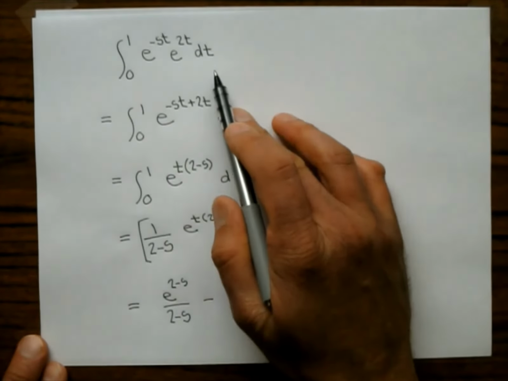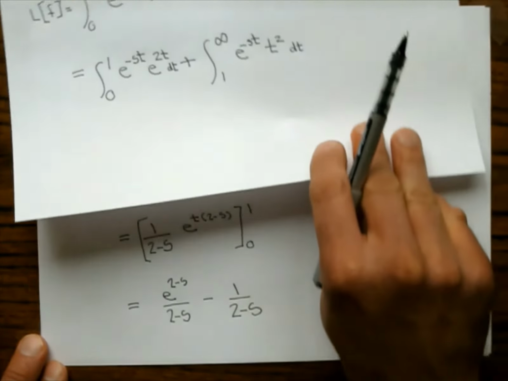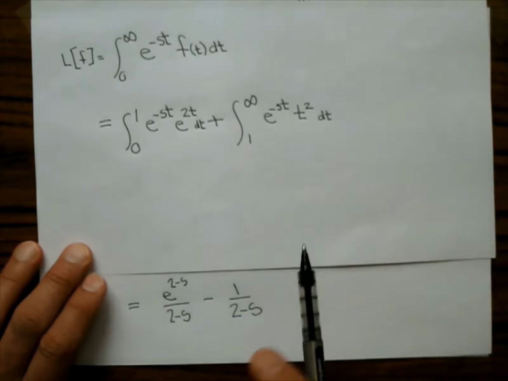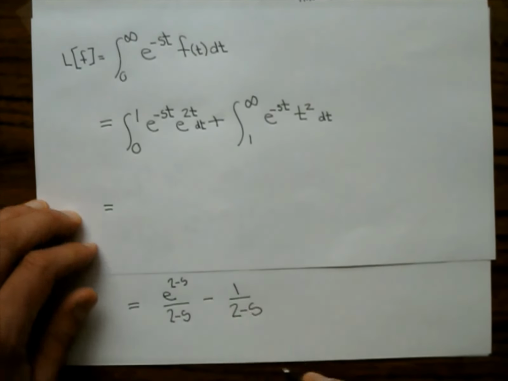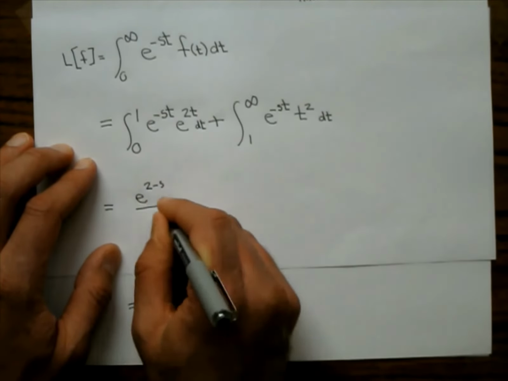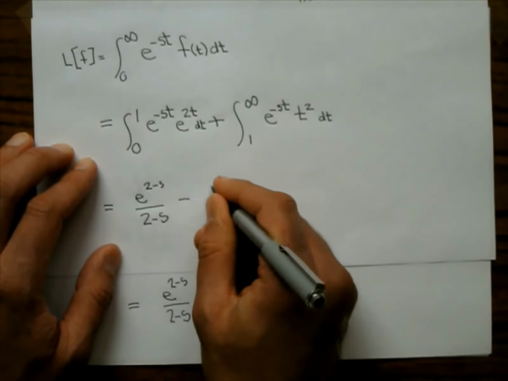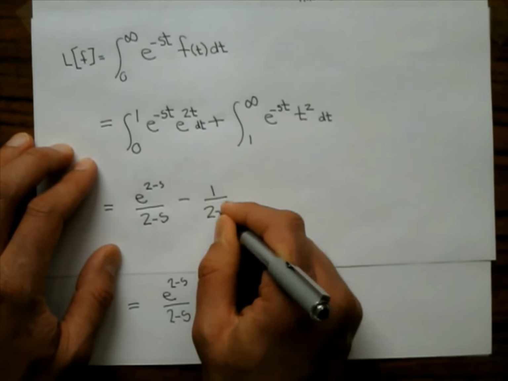So that gives me the first one. Let's go back over to this piece of paper and write out the answer right below. So the first one here is e to the 2 minus s all over 2 minus s minus 1 over 2 minus s.